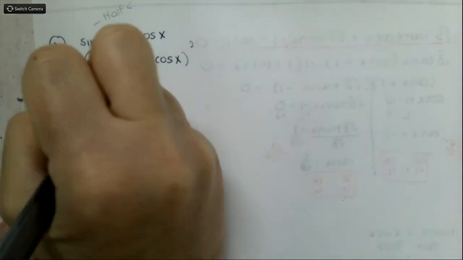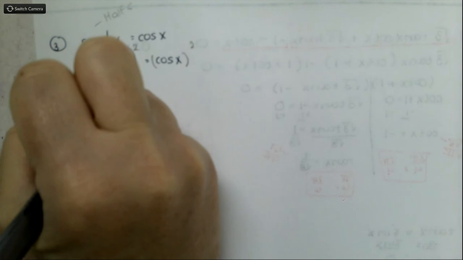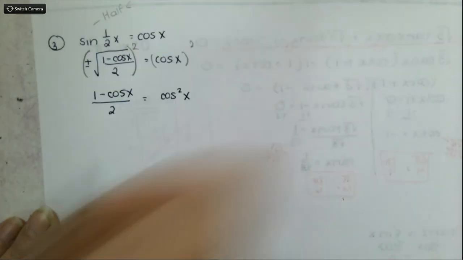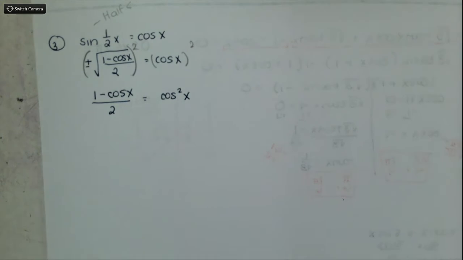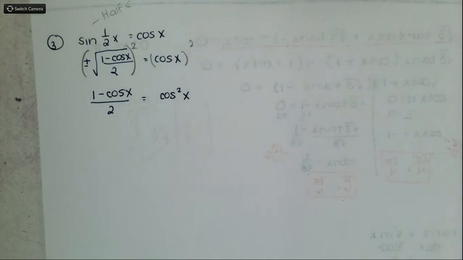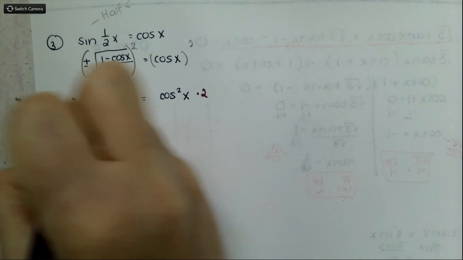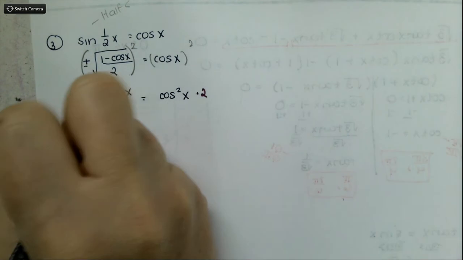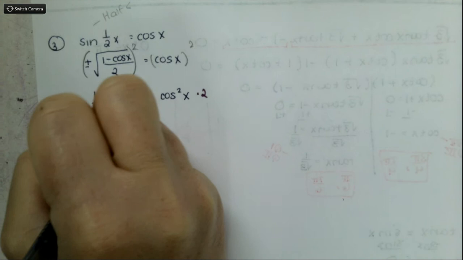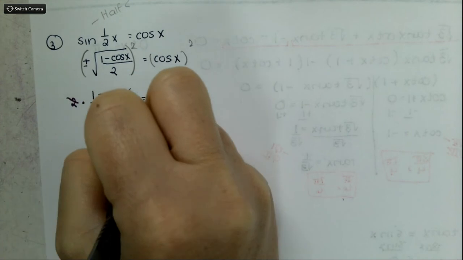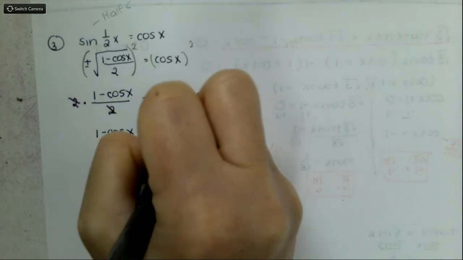When you square a square root, you just take off the root, and cosine x squared is cosine squared x. I'm going to multiply both sides by 2 to get rid of the denominator. So we have 1 minus cosine x equals 2 cosine squared x.